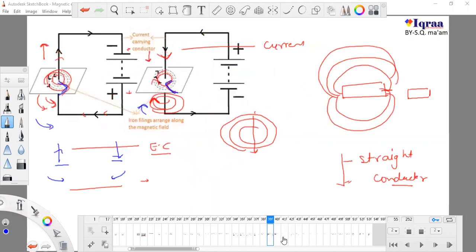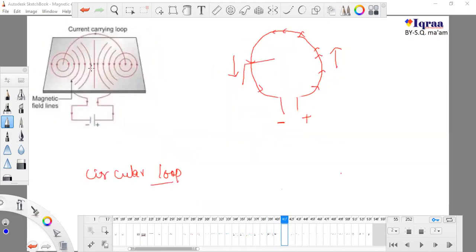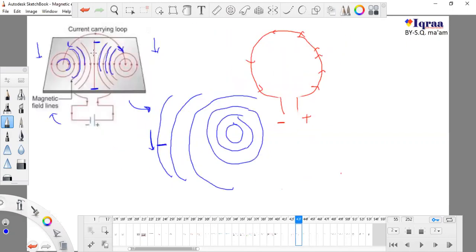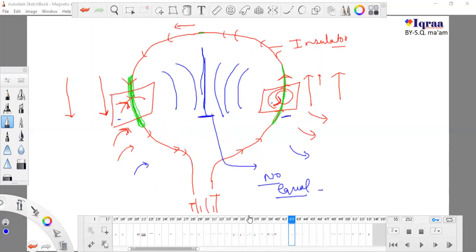So if they are feeling an equal amount of magnetic field lines, they will be in a straight manner. This is some midpoint, and where should it go, here or here? So it will remain straight. That's why it is feeling nothing, or something equal. Despite going here or going there, it will be a straight line.